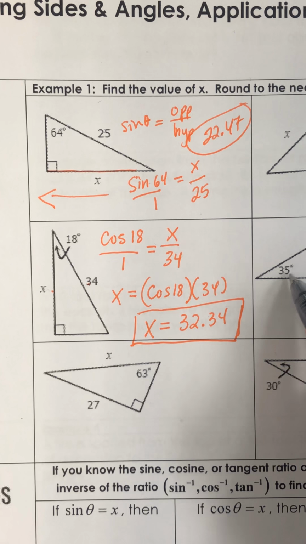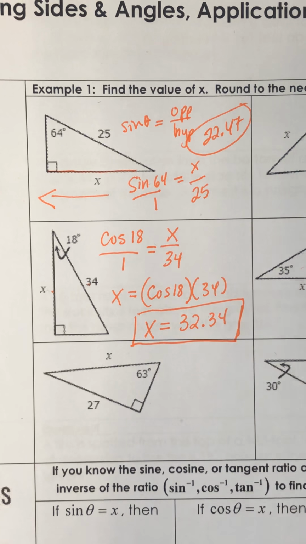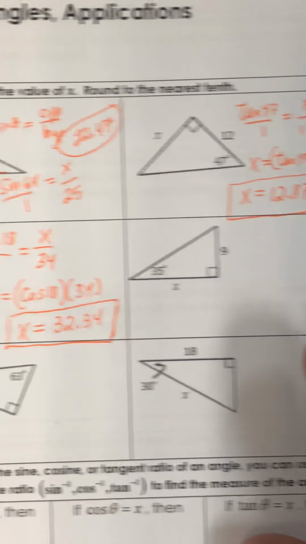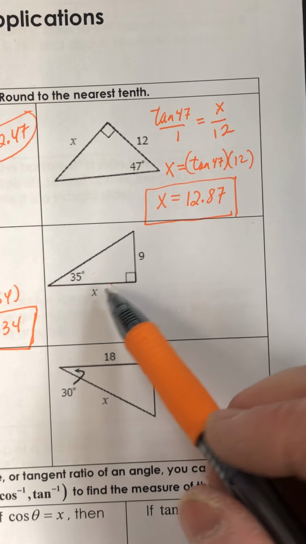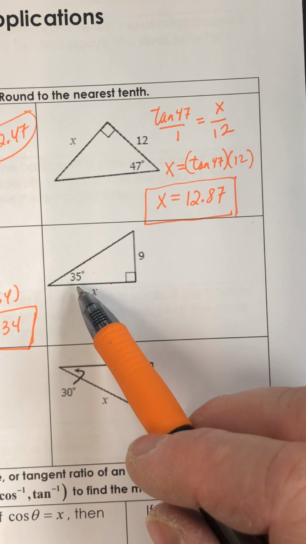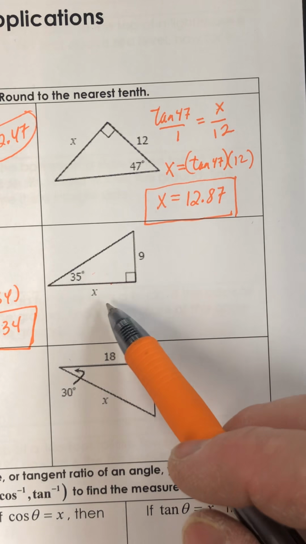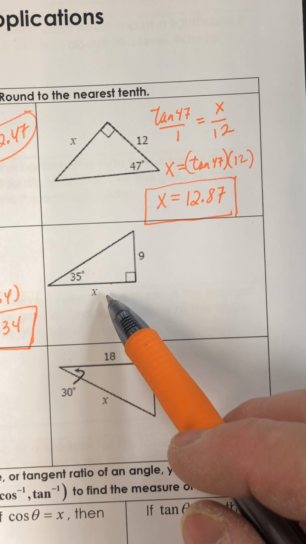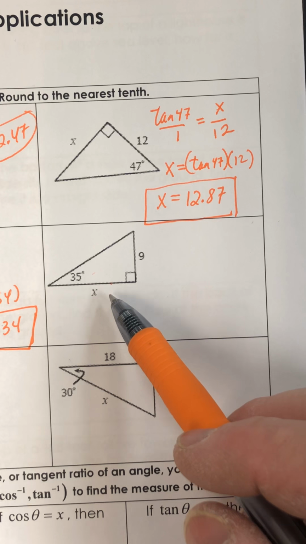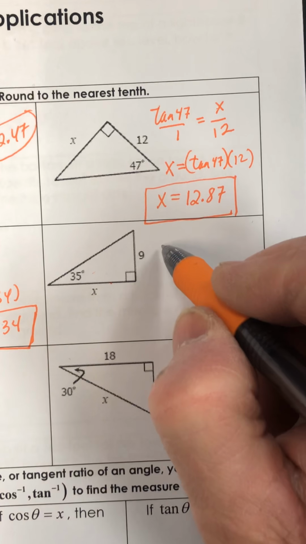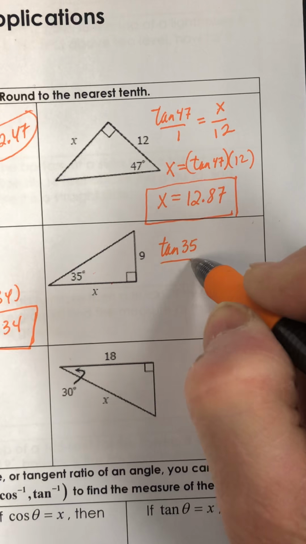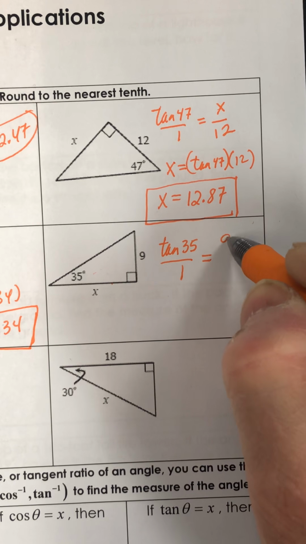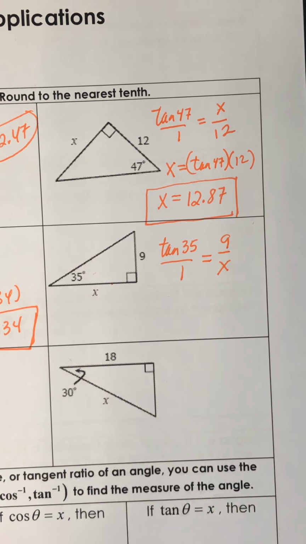Okay, what do we got here? Whoa. All right, never mind, we'll back it up. So from this angle, 35 degrees, I have the side opposite and I have the side adjacent. Opposite over adjacent is tangent. So I'm going to say tangent of the angle 35 is going to equal the side opposite over the side adjacent.